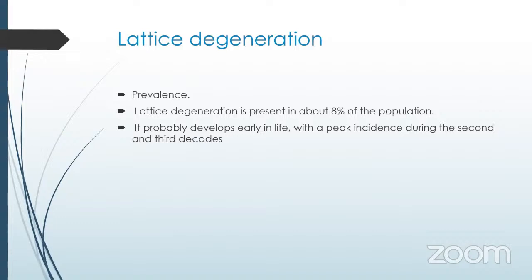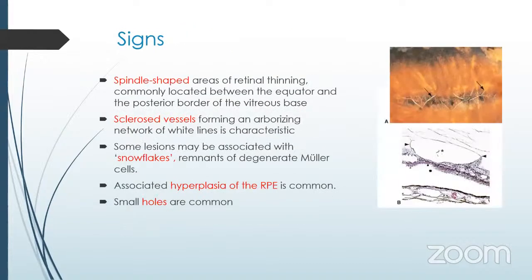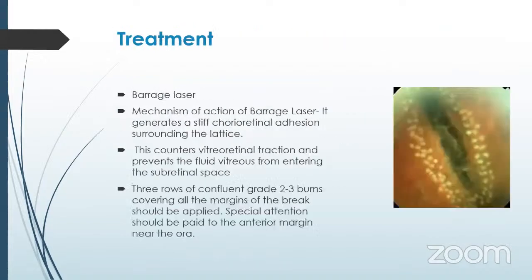Okay, sir. So when we do laser of a retina, for example, laser of lattice degeneration, what are the changes which happen? Sir, the strong attachment of the vitreous will be there at the posterior border.